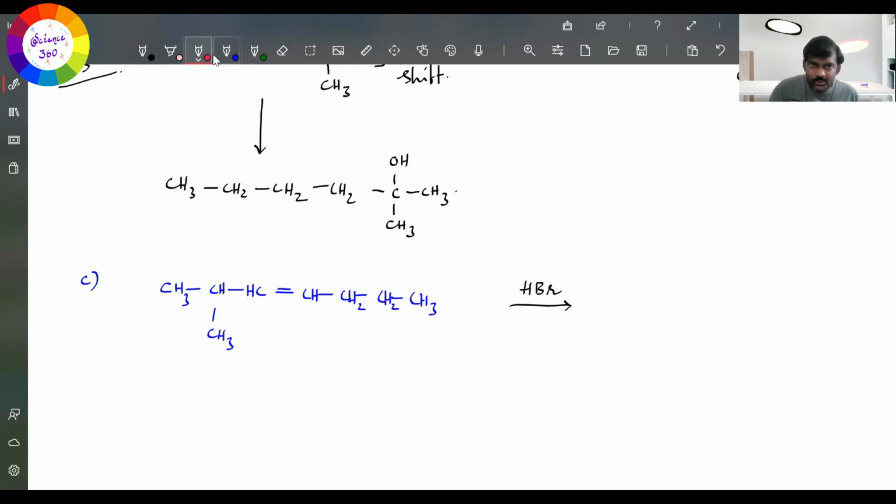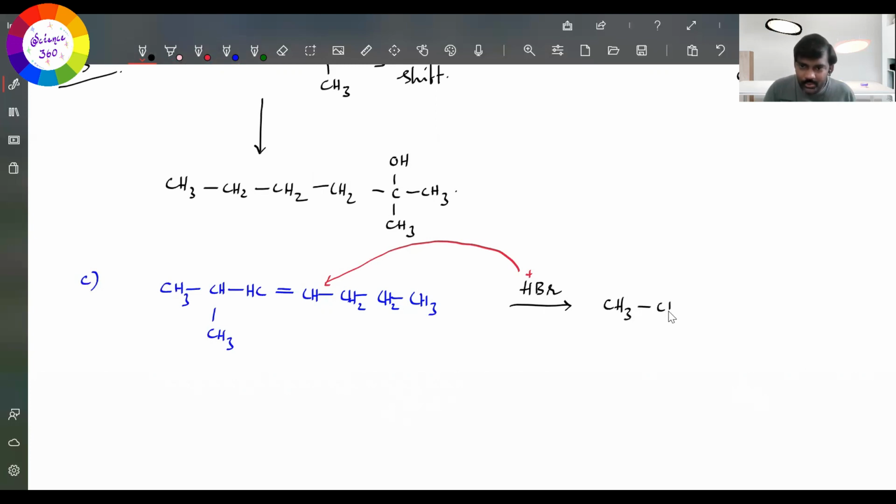So again, it is an acid. The H plus ion comes out first, and that will attack the carbon which has higher electron density, that means a double bonded carbon. So let's say it is attacking here. The same thing as in the previous case will happen.